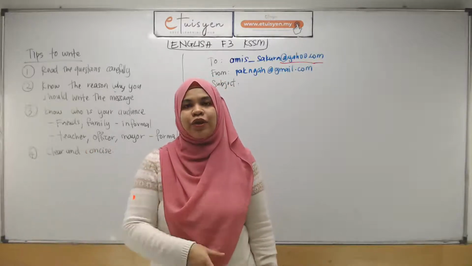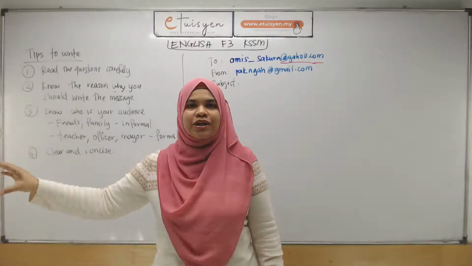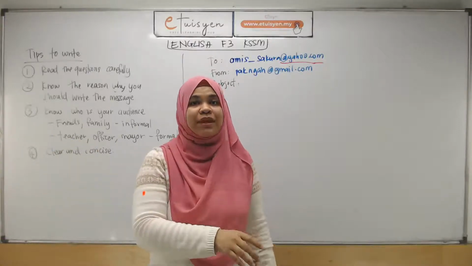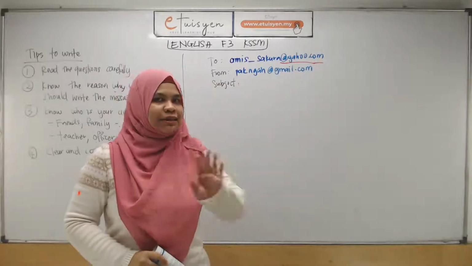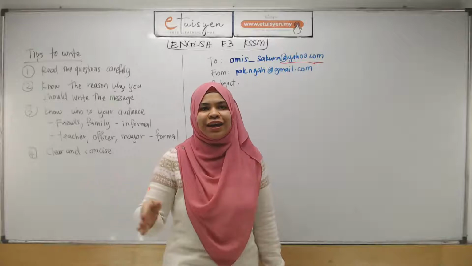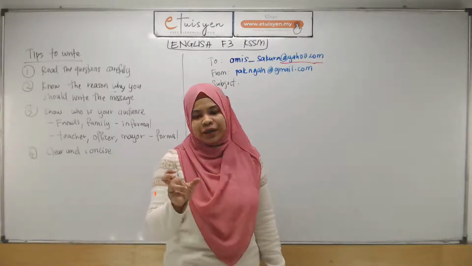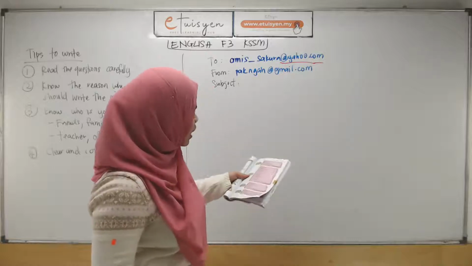Lepas tu you tulis, I'm suggesting you these holiday spots in Langkawi for you to go with your family, as your subject. Panjang gila, tak boleh. Might want to shorten it to holiday in Langkawi or travel places in Langkawi. Macam tu, very short.